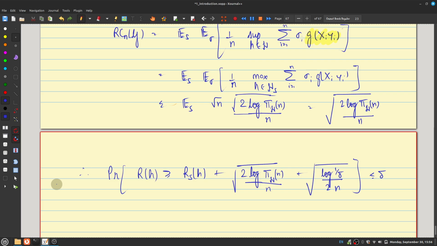So now I have a bound on the generalization error in terms of the growth function. What is the largest value the growth function can take? 2 to the power n, right? So the largest this can be is a constant. Then this is no longer useful, right? Because after all, R of H can only be between 0 and 1. So this bound becomes completely useless if the growth function is equal to 2 to the power of n.